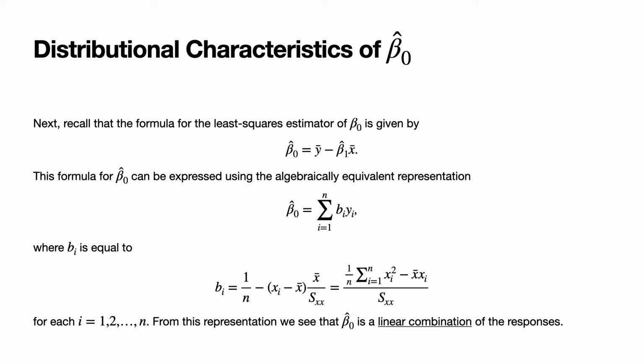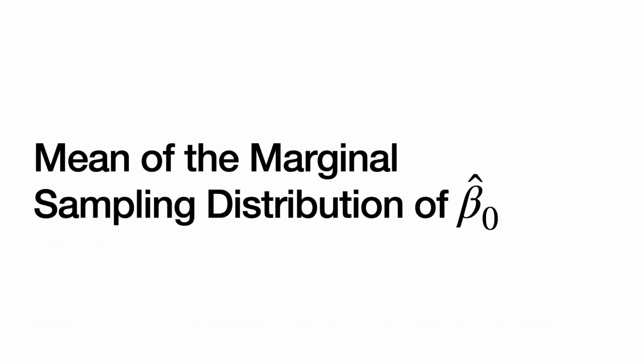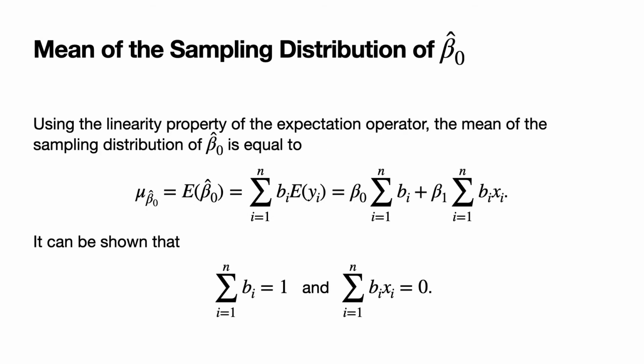Now from this representation, we see that beta 0 hat is a linear combination of the responses. Now that we have this linear representation of beta 0 hat, we can derive the mean of the marginal sampling distribution of beta 0 hat from that representation.